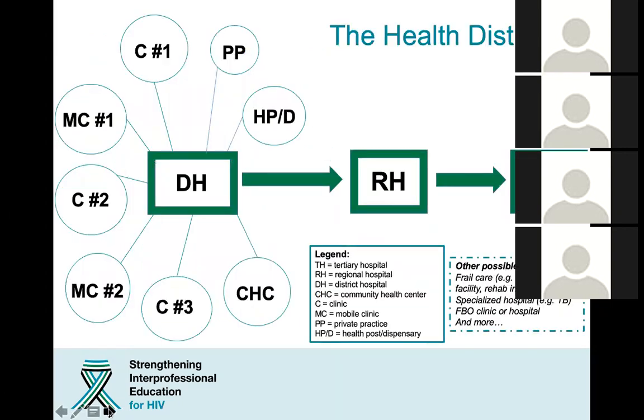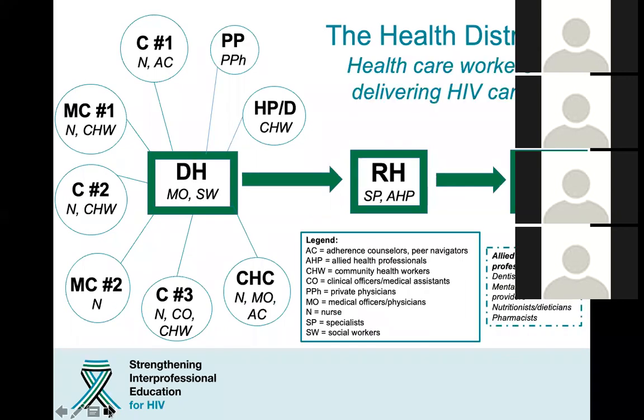Oh, and yeah, I think I forgot about this slide at the beginning, but this is one of the early slides, early in the course of the module. We want learners to understand who are all the stakeholders and what are the different levels of health system that are involved in ensuring HIV care.